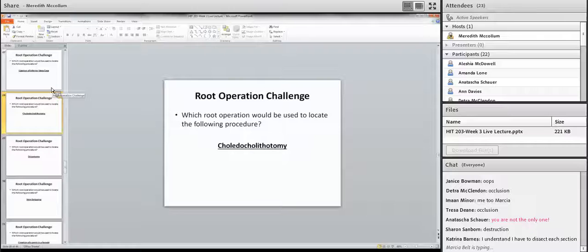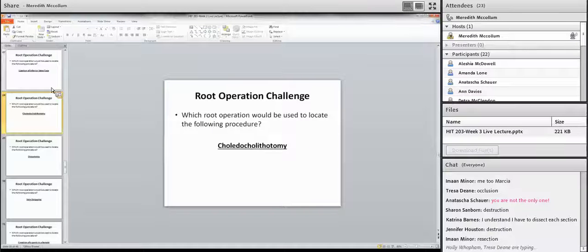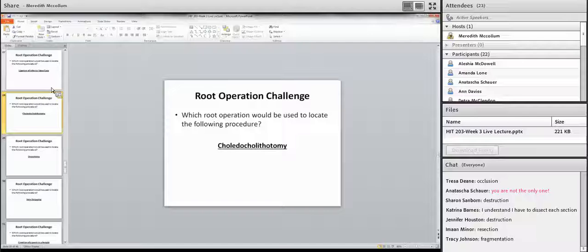Choledocholelithotomy. So with a choledocholelithotomy, this is where a person has stones in their gallbladder and in their bile ducts, and they take them out.